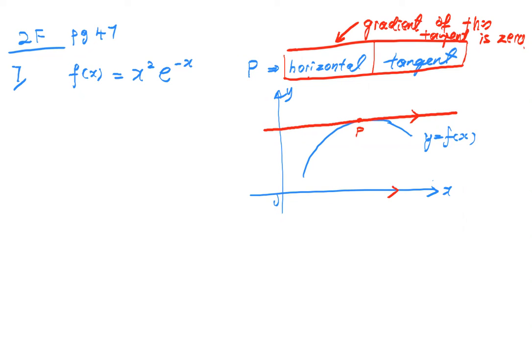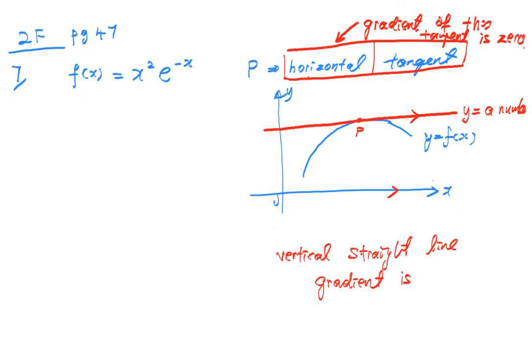Vertical straight line, gradient is, when we want to find the gradient of a straight line, it is the change of y over change of x, right?